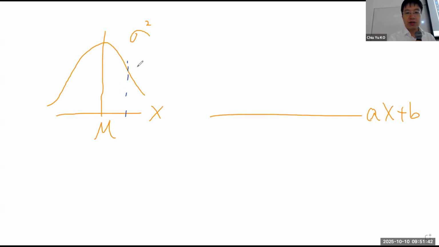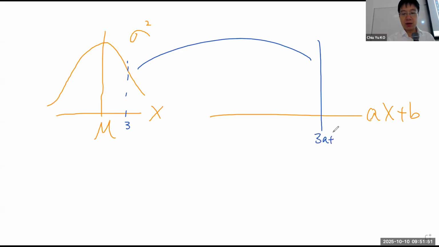You multiply by A. Suppose this is 3, there will be 3A plus B. So every number you just multiply by A and add B, right? And then the question is, will it be a different shape, or will it turn out to be, surprisingly, still a bell? You do this kind of operation, it's still a bell, okay?